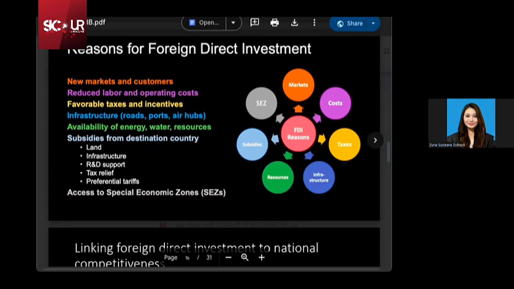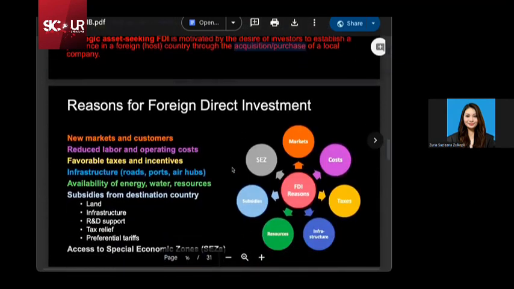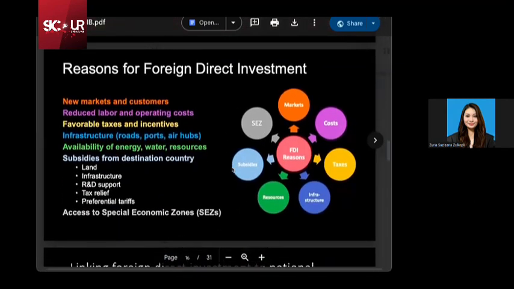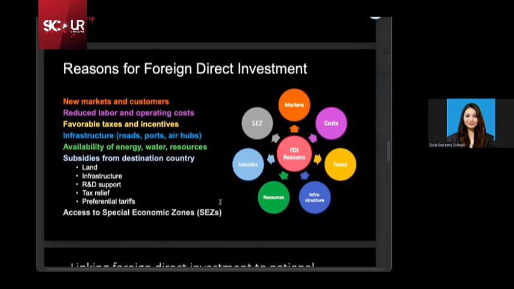Okay, so let's take a look at the reasons for FDI. These are some of the reasons. Please take note, like I've mentioned to you just now, your final exam is about FDI.